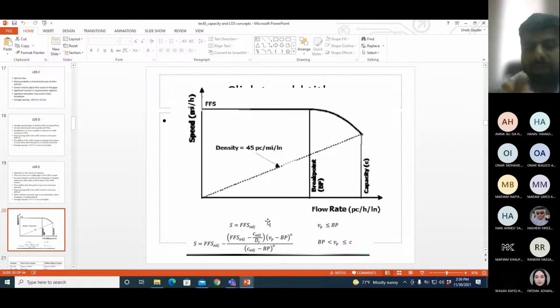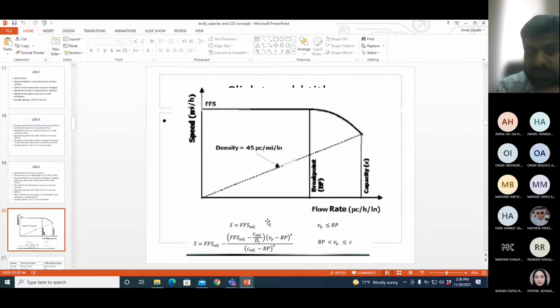As I mentioned earlier, the values in the graph, the curve, are supposed to be at a time when the highway is fulfilling the base conditions. Actual highways do not have all familiar drivers and they do not have all passenger cars. So we need to apply some adjustment for the base conditions. That's why you see FFS adjusted and you see adjusted also written with capacity.